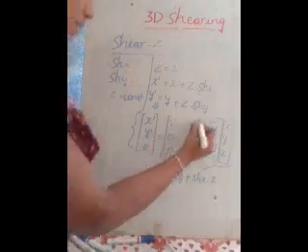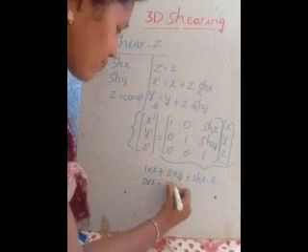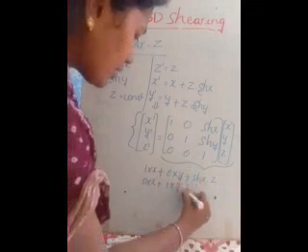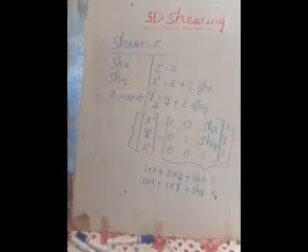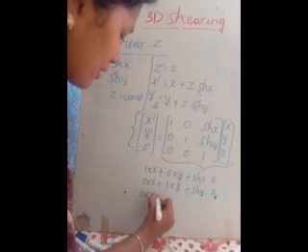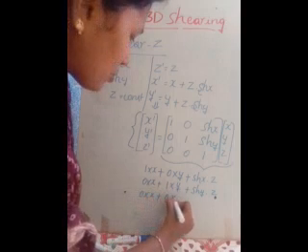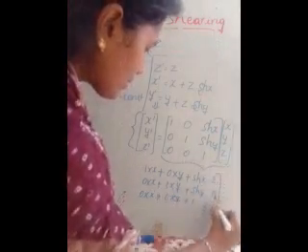Second one: 0 multiplied with x plus 1 multiplied with y plus SHY multiplied with z. Next: 0 multiplied with x plus 0 multiplied with y plus 1 multiplied with z.